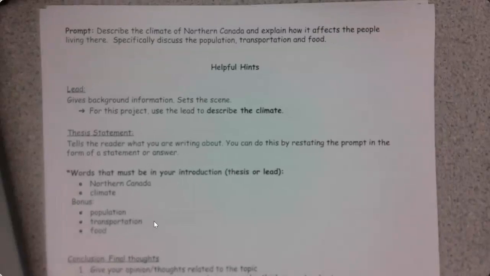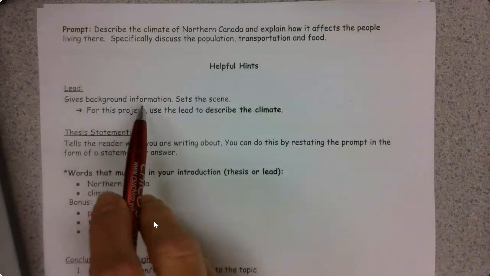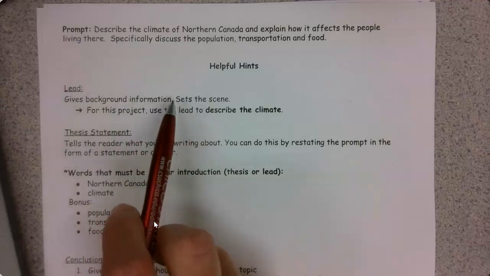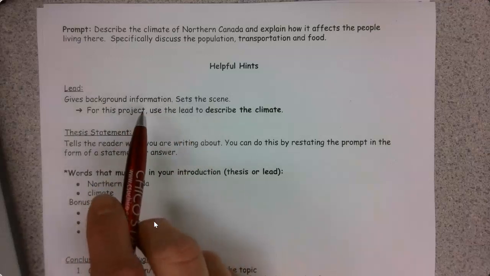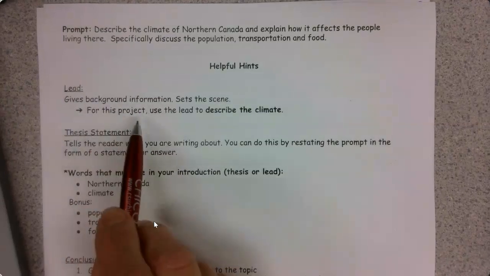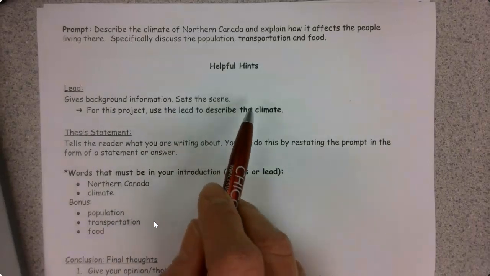On the back, it talks a little bit about what a lead is. A lead is what fills out the rest of your introduction. A lead usually gives background information and sets the scene. Sometimes setting the scene can involve a hook to hook the reader into what you're writing. For this project, I think it makes sense to use the lead to describe the climate.